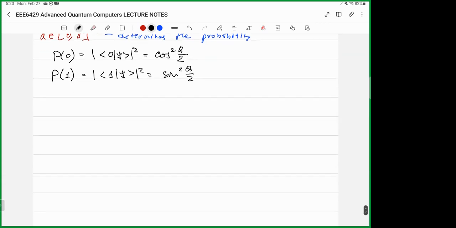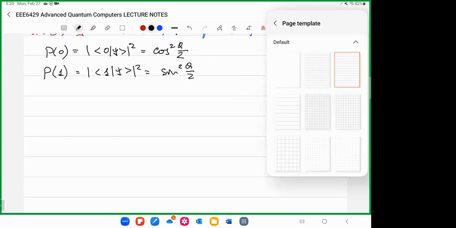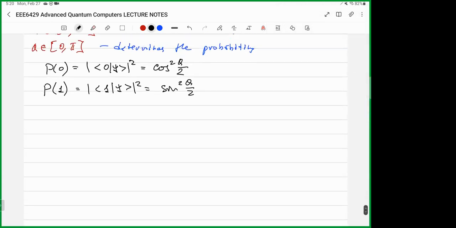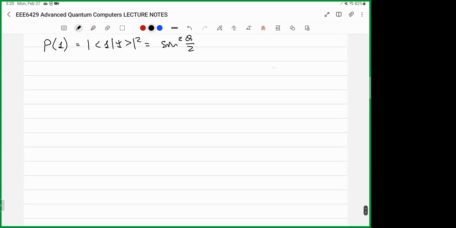So as I said, now we can represent any state of a qubit as a point or vector in the Bloch sphere. The Bloch sphere. So let's represent this Bloch sphere.